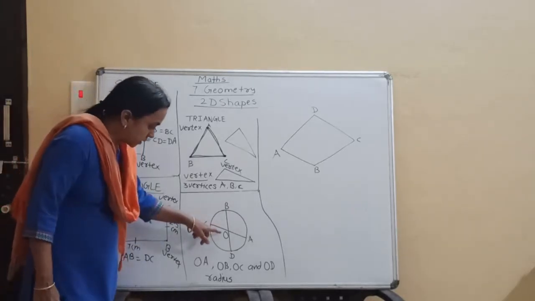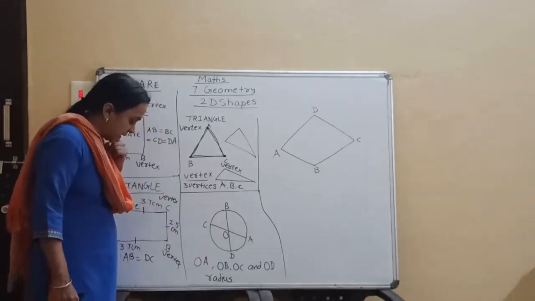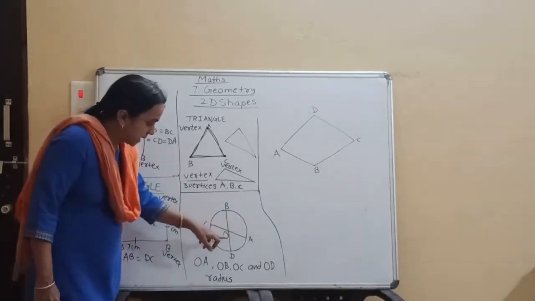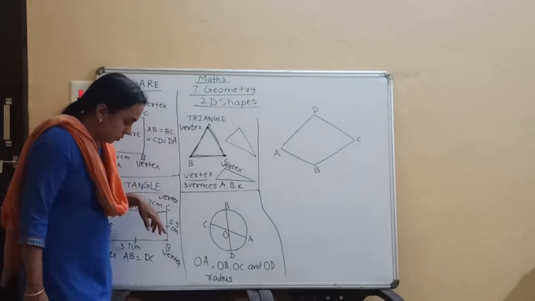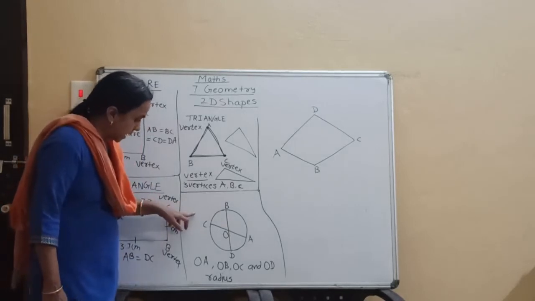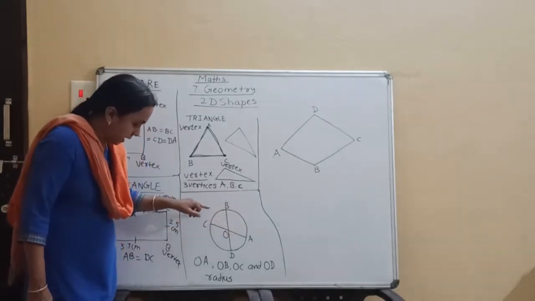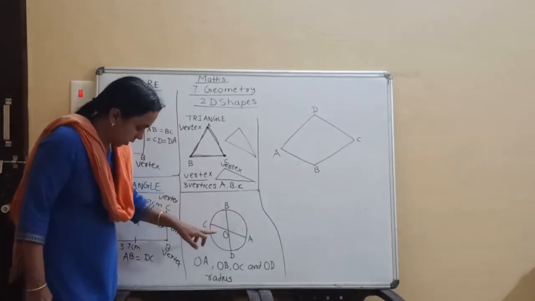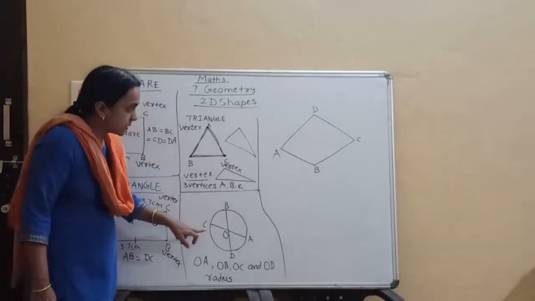So O is called the center of the circle. We can say it does not have any type of side and any type of corner. That is called a circle.